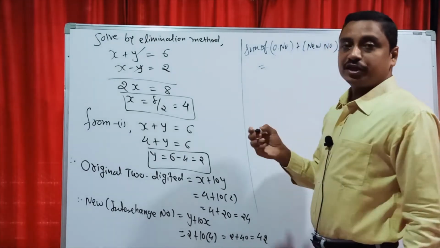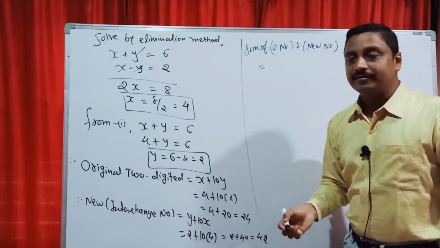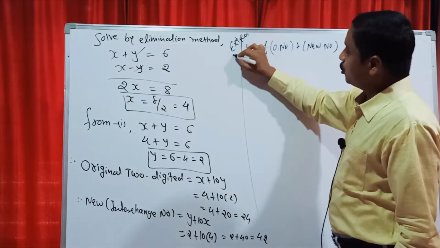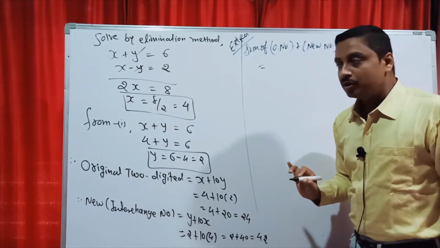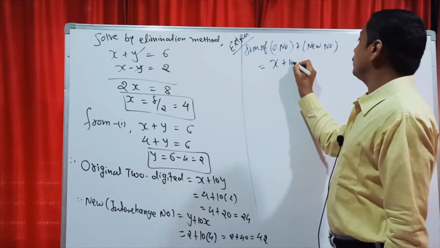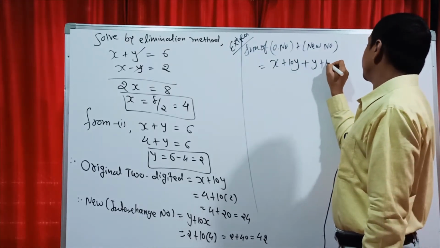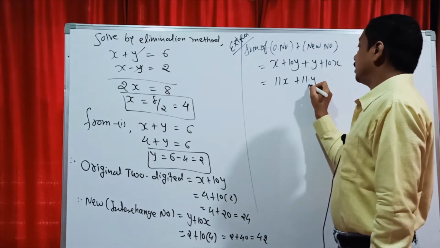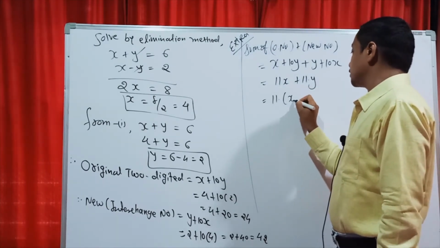New number means interchange the digits of the original number. These are extra. Your numeric is already done here. Original number x plus 10y, here y plus 10x. Sure, you get 11x plus 11y. 11 common, x plus y.